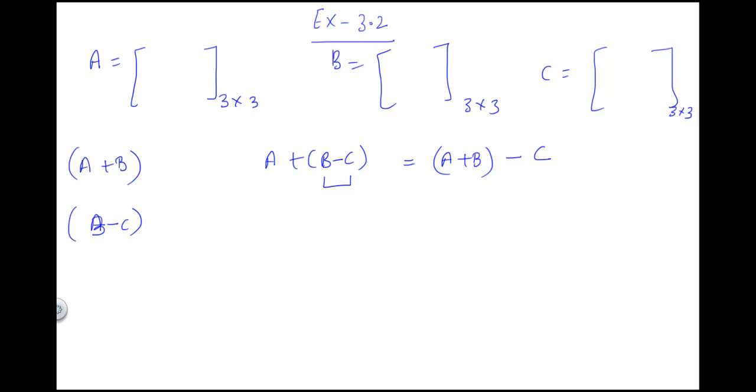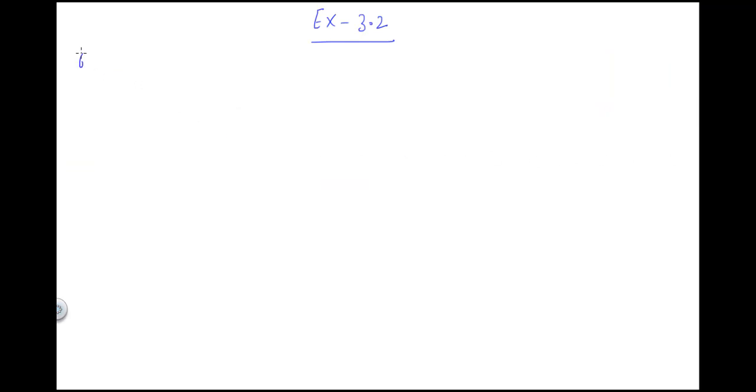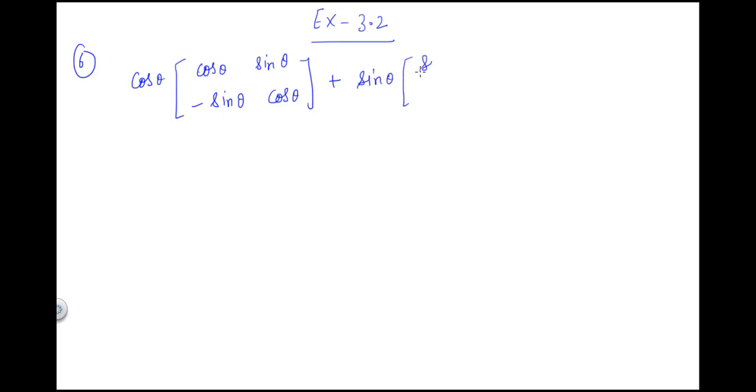Let us discuss question number 6 now. In question number 6, we have been given the matrices, and we have to simplify it. Cos theta times the matrix cos theta, sin theta, minus sin theta, cos theta, plus sin theta times the matrix with elements sin theta, minus cos theta, cos theta, sin theta.